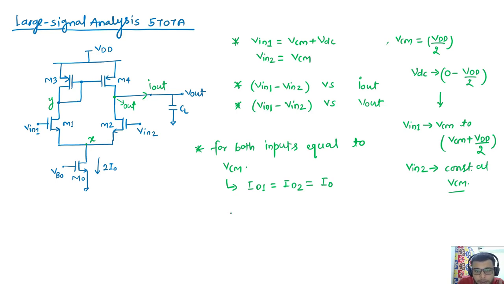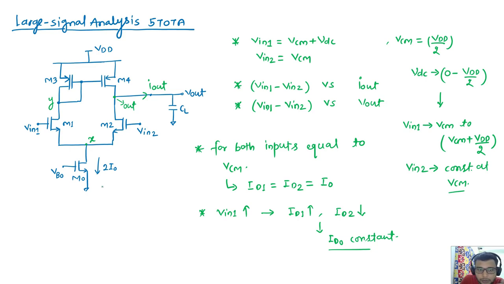If there is some change in the input side, if Vin1 is changing, what will happen? Ideally it is expected that ID1 should increase, and ID2 should decrease, so that my ID naught is constant.